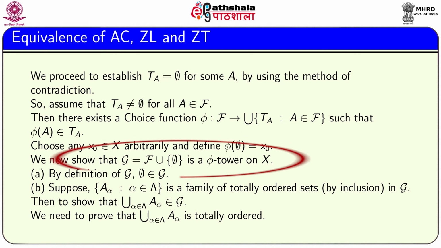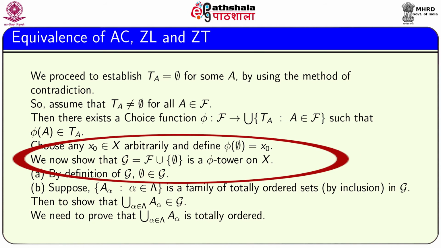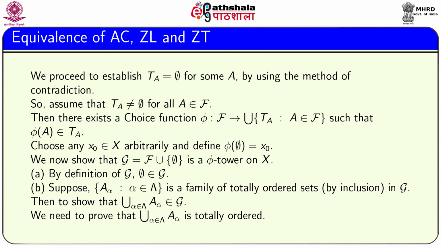We now show that script G is equal to script F union the set containing only the empty set, and we shall show that this script G is a phi tower on X. By definition of script G, clearly the empty set is within script G, satisfying the first condition for G being a phi tower.